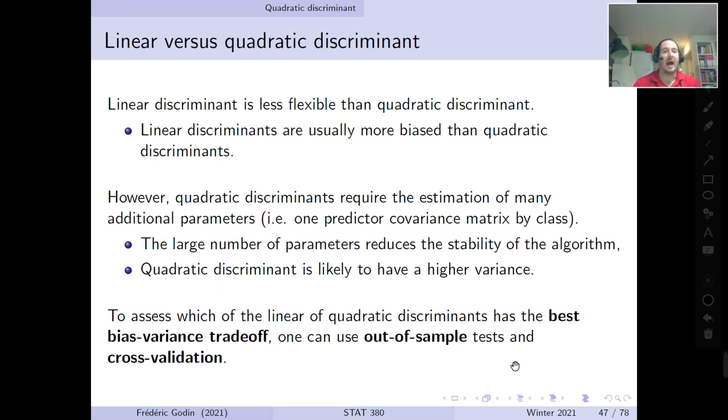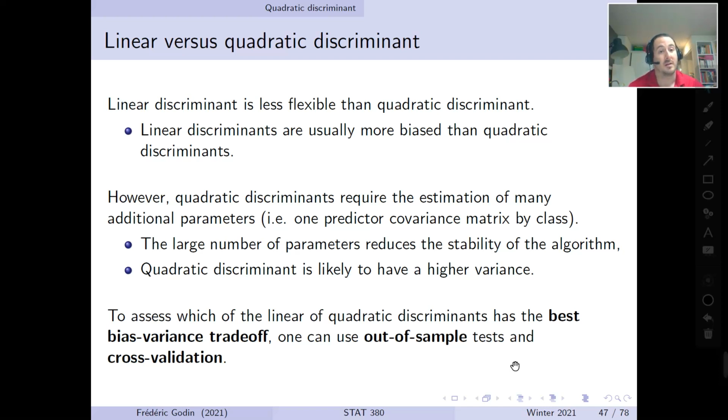Okay, so now we have linear discriminant analysis and quadratic discriminant analysis. So which one is better in practice? You might think, well, quadratic discriminant analysis is more flexible, so it should be able to represent more varied patterns, and it might be better? Well, the answer is not that clear, and the reason is that quadratic discriminant analysis, because it's more flexible, has more parameters to estimate, and more parameters entails more flexibility, and more flexibility increases the risk of overfitting.